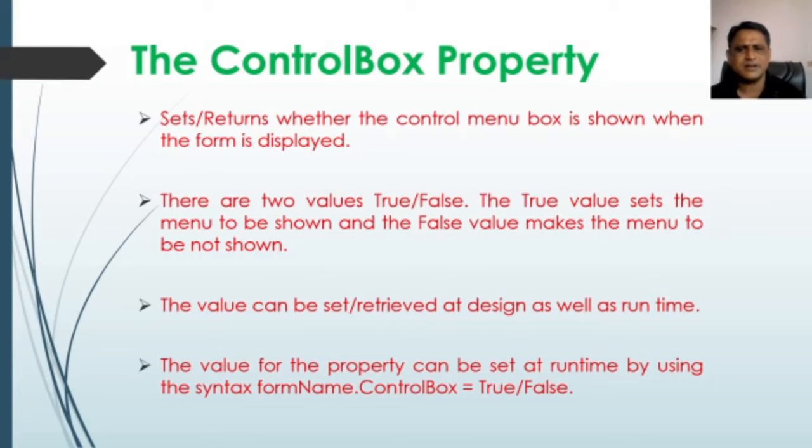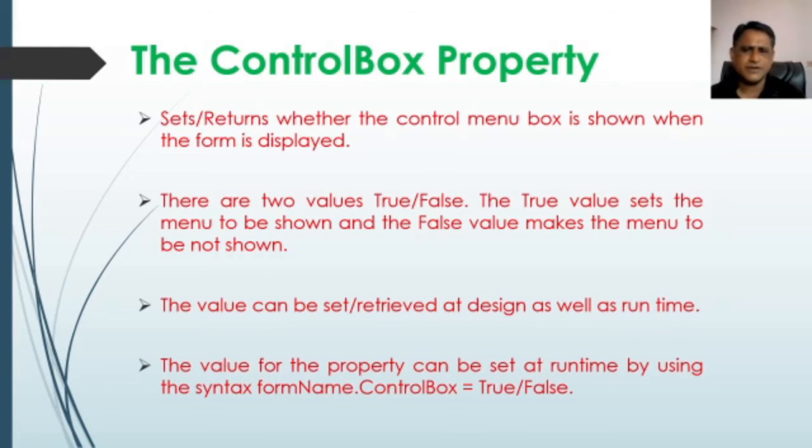This property can be used to set or return the value set for the control box. Basically there are two values for control box, either true or false. If you set the control box to true, the control menu will be displayed in the form.